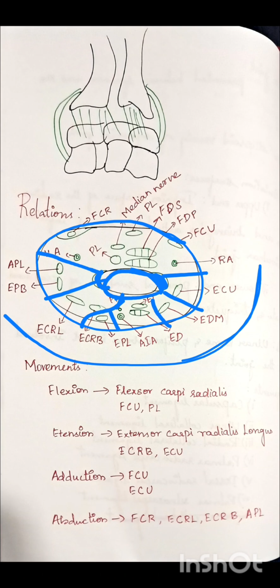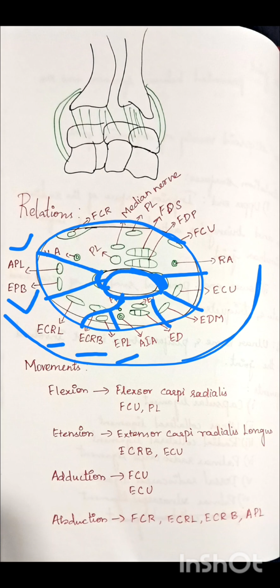The posterior relations of the wrist joint are the extensor retinaculum compartments. In the first compartment, abductor pollicis longus and extensor pollicis brevis. In the second compartment, extensor carpi radialis longus and extensor carpi radialis brevis. The third compartment, extensor pollicis longus.